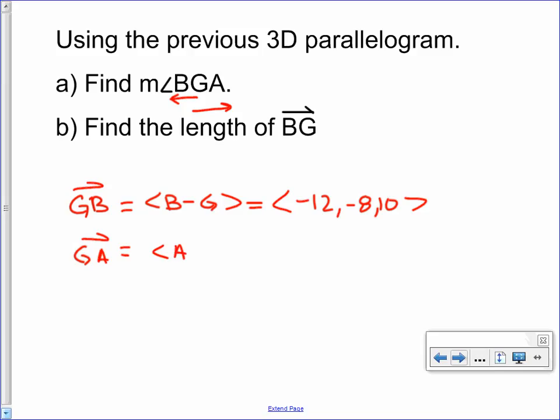B is 2, 5, and 4. It's 10. Okay. A minus G is 0, -8, and 10.